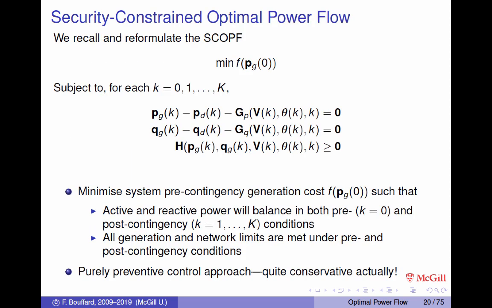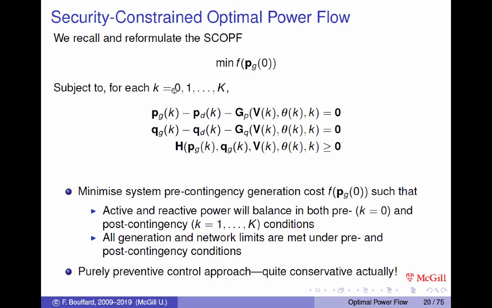In the case of the security constraint optimal power flow, we have to reformulate this problem. We're trying to minimize the cost of generation in the precontingency state, which would be the as-forecasted state.